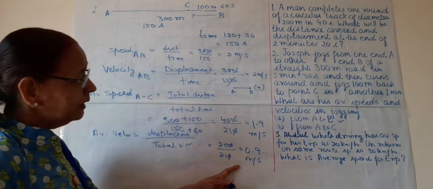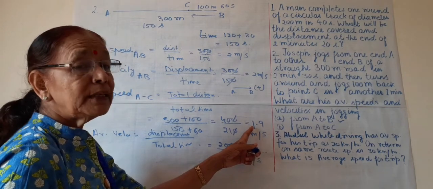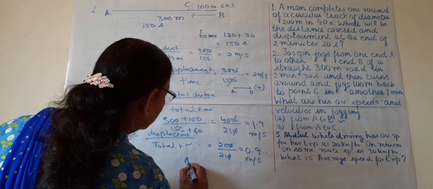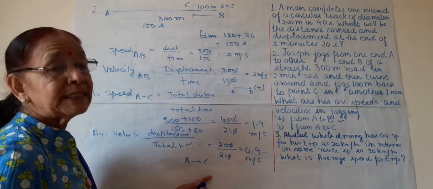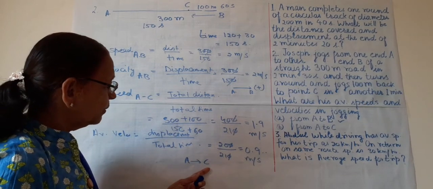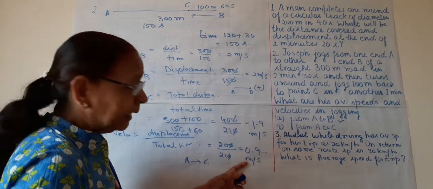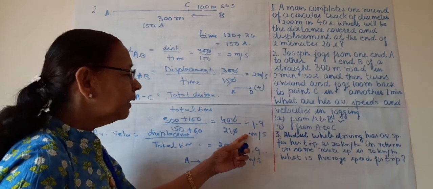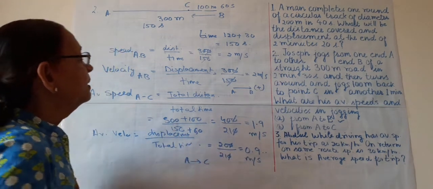So the velocity is 0.9 meters per second and speed is 1.9 meters per second, and here we will write the direction also, A to C. So this is the direction of the velocity, A to C. This is the magnitude of the velocity, 0.9 meters per second, and this speed is without direction, 1.9 meters per second.